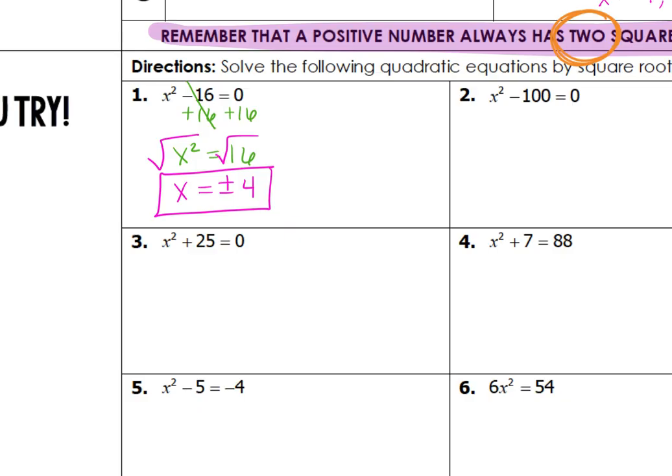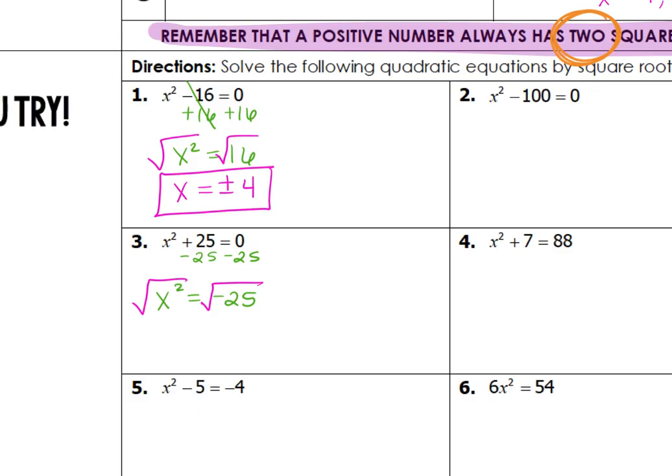Okay, look at number 3. This one's different. What's your first step? First step's not different. Minus 25. Okay, now look. X squared equals negative 25. What's your next move? Square root. Plug that into your calculator. The square root of negative 25. Nothing multiplied by itself equals a negative, right?